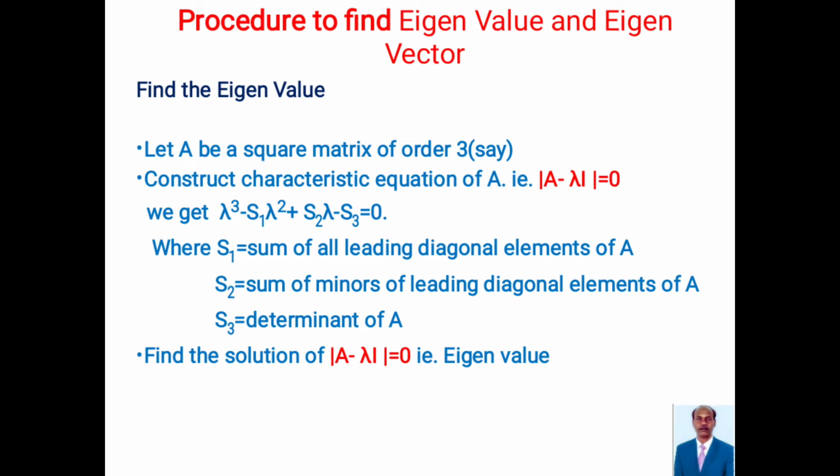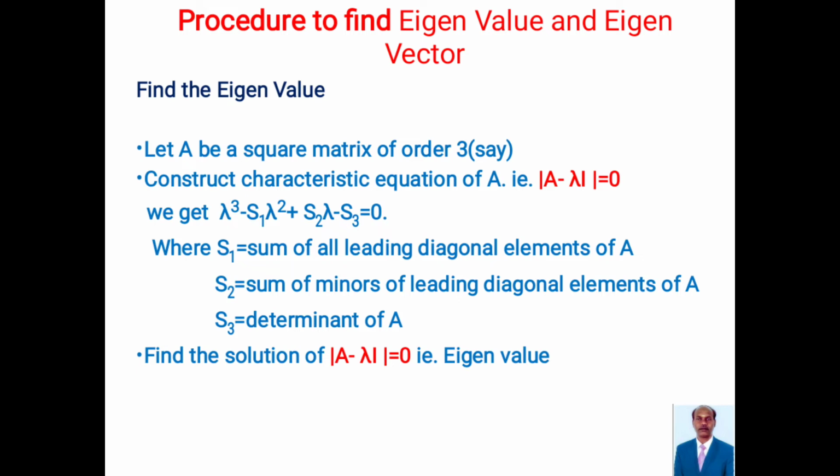What is s2? The sum of the minors of the leading diagonal elements of A. If we want to find the minor of A11, we omit the corresponding row and column. The remaining 2 cross 2 matrix, we find its determinant, and that is known as the minor.